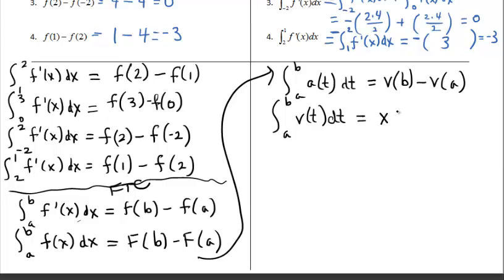Perhaps my object is moving horizontally. If my object's moving horizontally, then we usually let the letter x represent its position. So I'd say x, the antiderivative, evaluated at b minus x of a. So this is really reserved for horizontal motion.